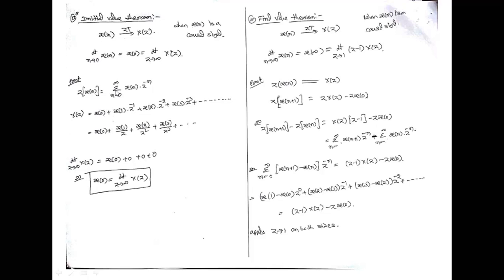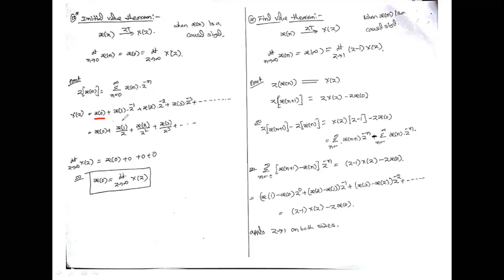See, what is the initial value theorem? The statement is x of n, the Z transformation is x of z, when x of n is a causal signal, meaning right sided. The Z transformation of x of n is the sum of n equal to 0 to infinity x of n z power minus n. Expand this function. N equal to 0 means x of 0 z power 0, which is 1, so it is x of 0.